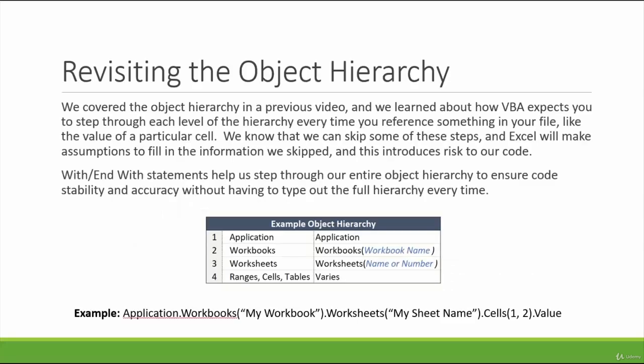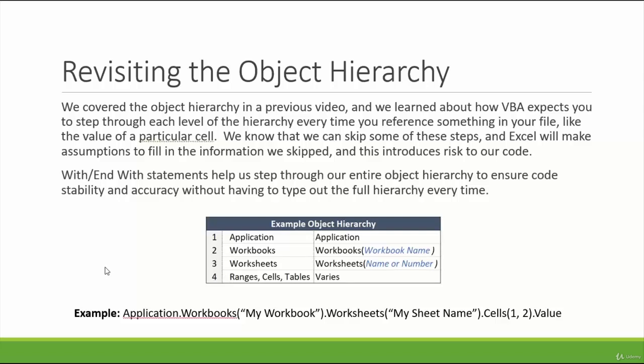So to revisit the object hierarchy really quick, we covered this in a previous video, and we learned about how VBA actually expects you to step through each one of these levels of the object hierarchy every time you reference something in your file. So the value of a particular cell, the font color of a particular cell, you should be stepping through all of these steps. And we know we can skip some of these steps, and Excel will make some assumptions.